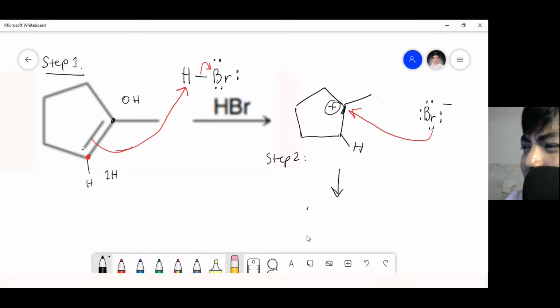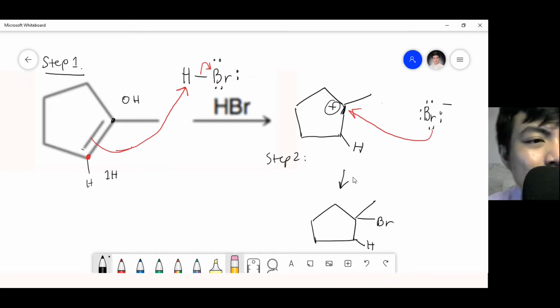So the product here will be this one. Pangit ko mag-drawing ng pentagon. So hydrogen dyan, Br andun. Okay, so this is the answer. The Br should be located here.